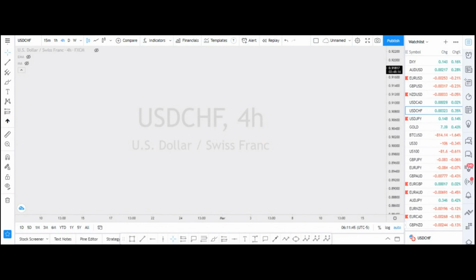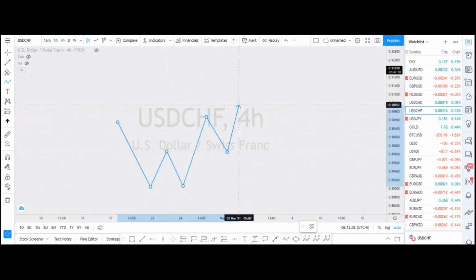Now, when we talk about double bottom and double top, this is how they form. Price moves down, then comes back to the neckline before buying.